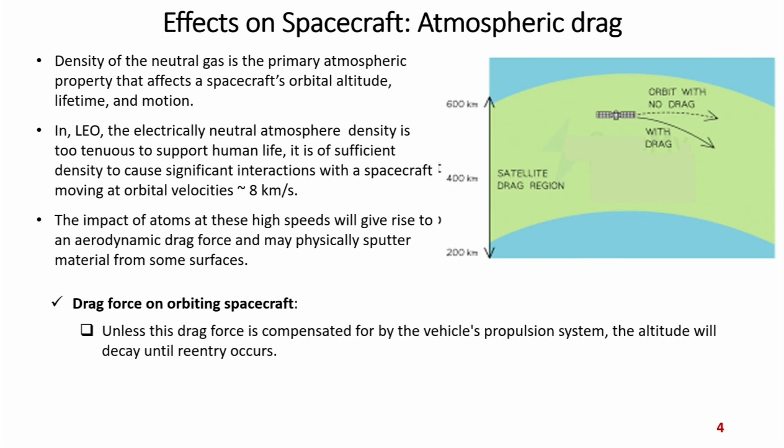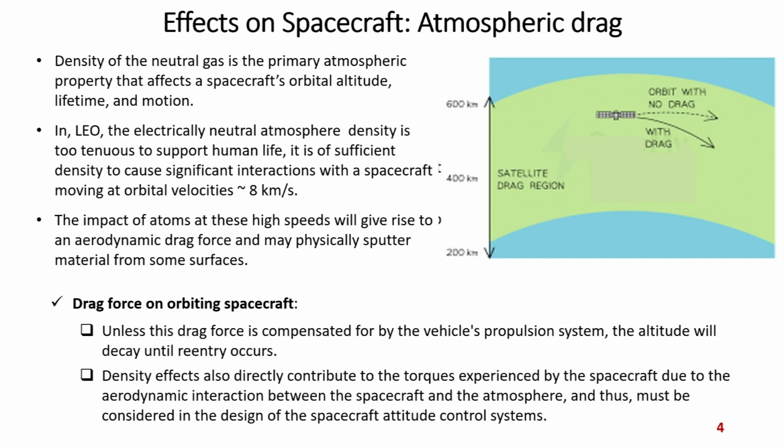What happens is, a spacecraft in low earth orbit, if it is not corrected by the attitude and orbit control system, because of this atmospheric drag, will deorbit, meaning its orbital altitude will decrease or decay, and subsequently it will re-enter the atmosphere and the spacecraft will get burnt. So, this is one effect, the decay of its orbit, or the deorbiting.